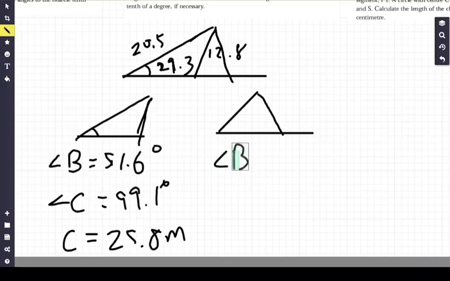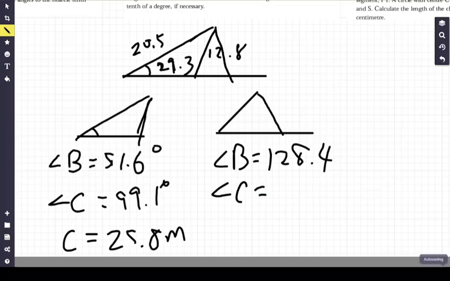So angle B is 128.4. Right? And now we need to find C again. Since we changed, we're going to do 180 minus 128.4 minus 29.3. So C is going to change to 22.3 degrees. Don't forget the degrees.